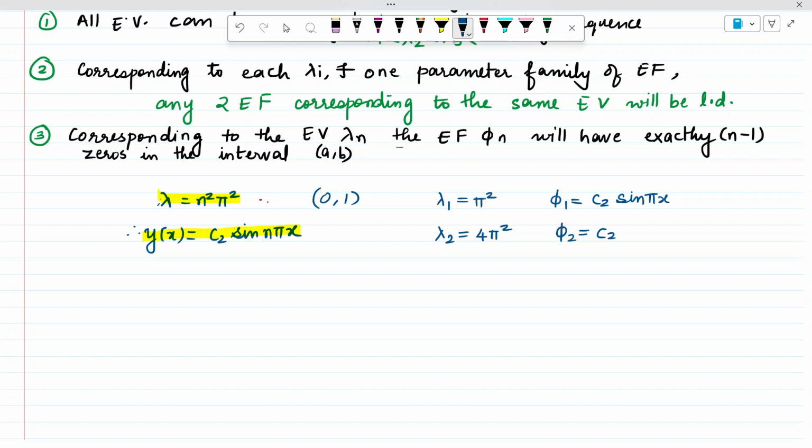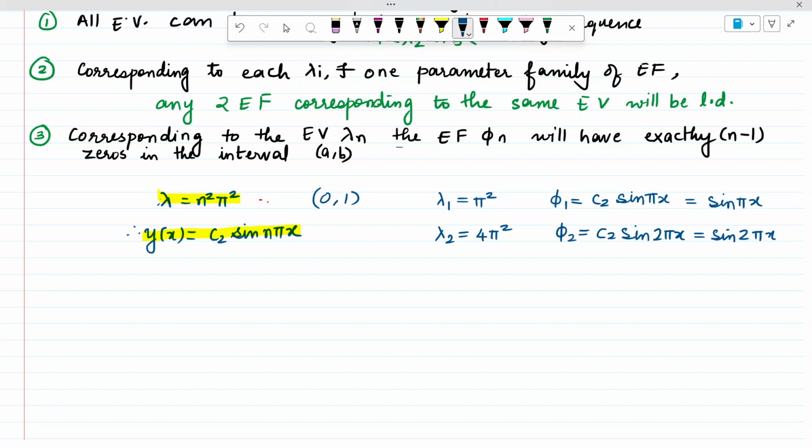Phi 2 will become c2 times sine 2 pi x. Just for ease of calculation, the condition number 2 says that if we have the same eigenvalue, they will all be linearly dependent. One parameter thing, so I can write this as sine pi x, considering c2 as 1, and considering c2 over here also as 1, I'll get sine 2 pi x.